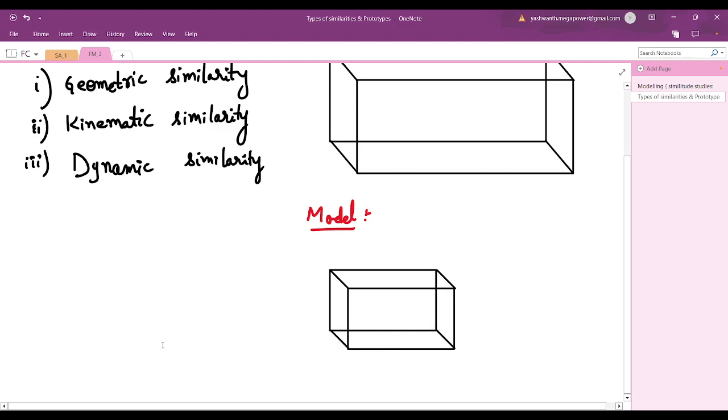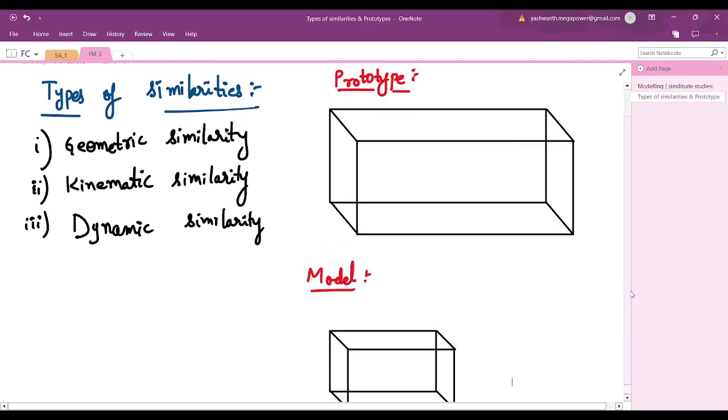Now here in the prototype, I'll consider some points. Point 1 I'll consider on the top face, and point 2 on the side face, because here I consider a cuboid, which has 6 faces: top and bottom, right and left, front and back. The third point I'm considering on the back face, and the fourth point on the right face.